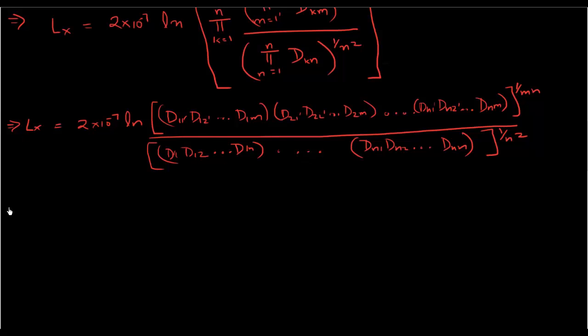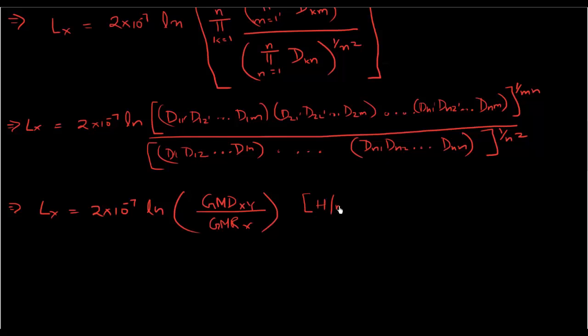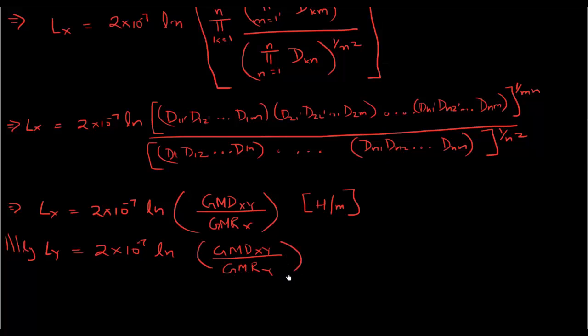So we're going to spell that out as Lx is equal to 2 into 10 to the power minus 7 ln of GMD from conductor X to Y over GMR for conductor X. And this is Henries per meter. Similarly, you have Ly is equal to 2 into 10 to the power minus 7 ln of GMD of X to Y over GMR of Y, Henries per meter.